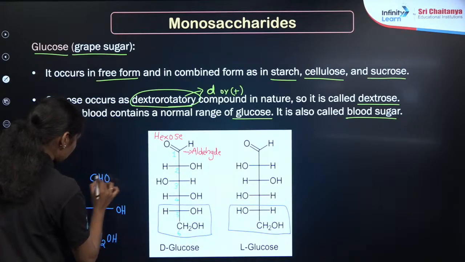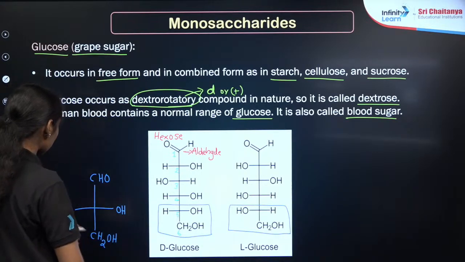This will be our basic structure of glyceraldehyde.